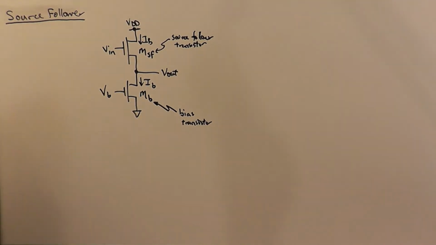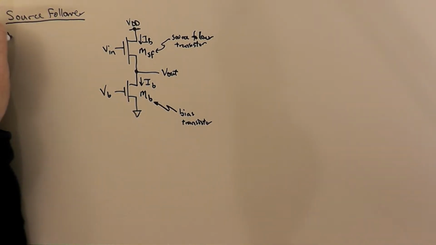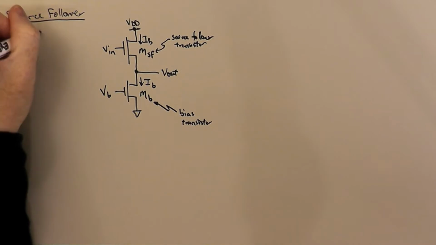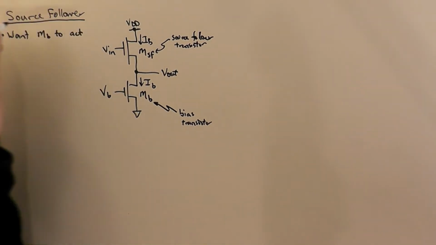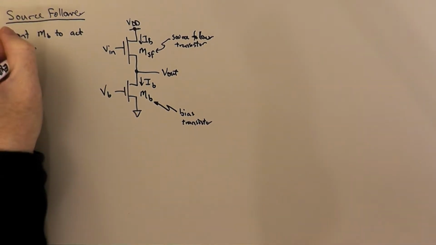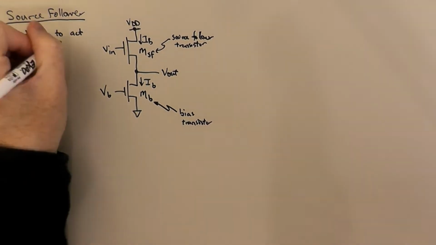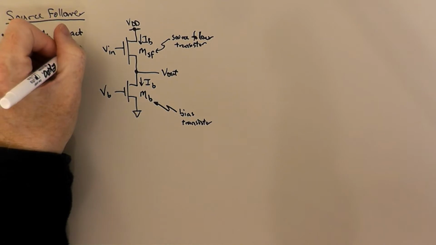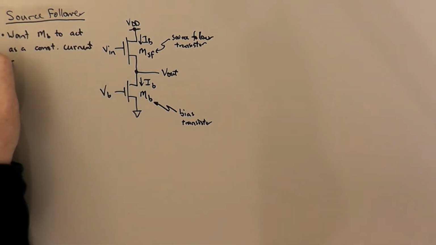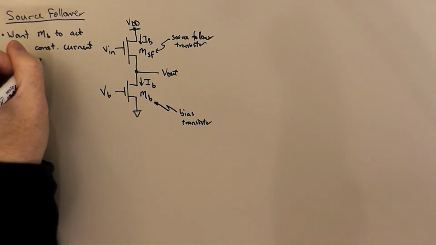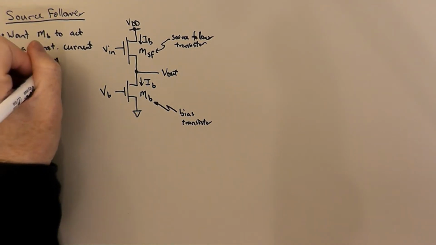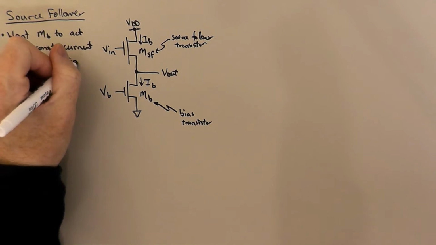And so we want MB to act as a constant current source, actually sink. And that means that we want MB to be operating in saturation.